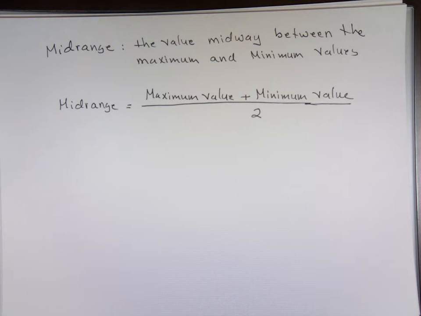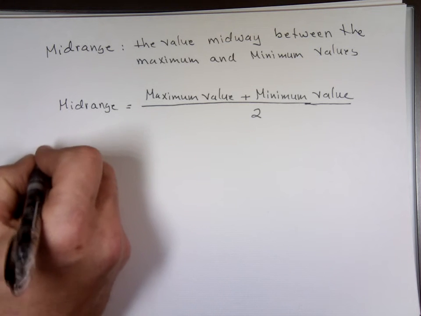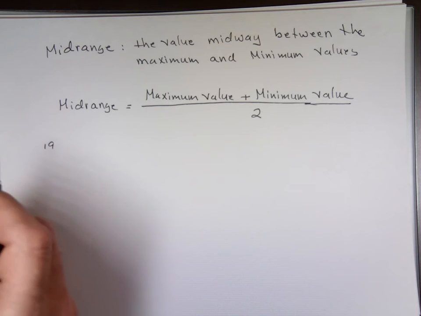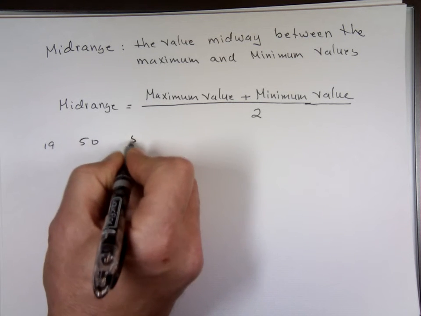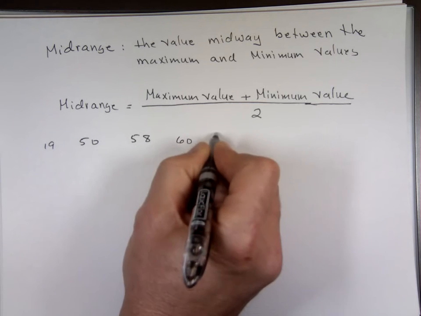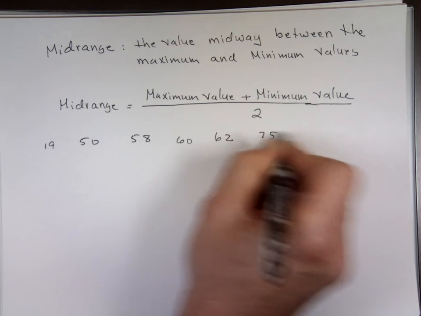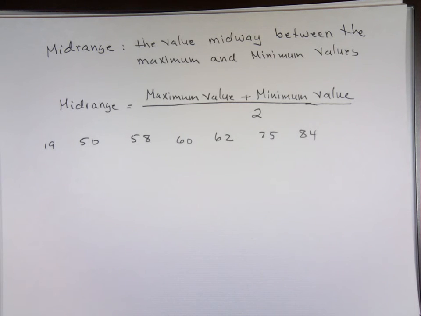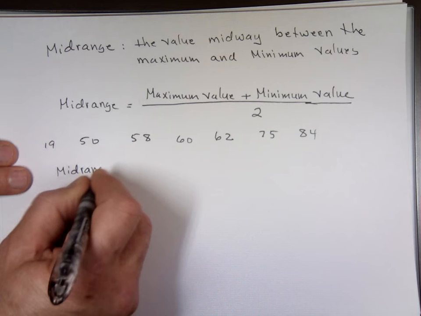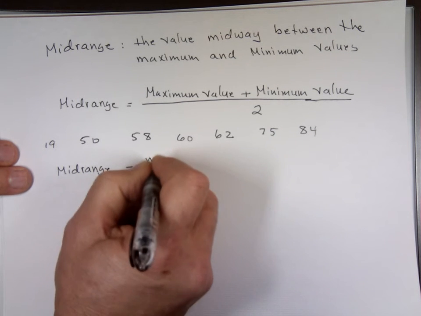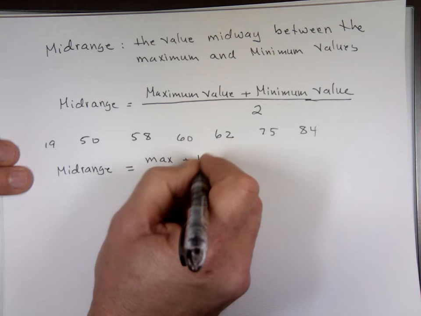So we're going back to the scores here. The lowest score was 19, if I remember. So we had 19, 50. These are the scores: 58, 60, 62, 75, 84, and if I include Timmy another 84, it doesn't really matter. My midrange here is the maximum plus the minimum divided by 2.